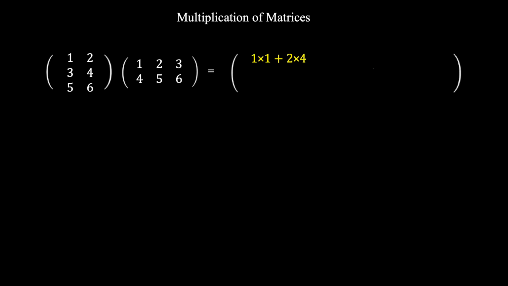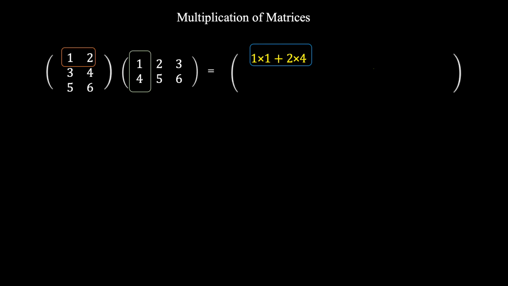To get the first row, first column entry of the result, firstly, we need to calculate the result of multiplying the first row, first column entry of the 3 by 2 matrix and the first column, first row entry of the 2 by 3 matrix, as well as the result of multiplying the first row, second column entry of the 3 by 2 matrix and the first column, second row entry of the 2 by 3 matrix. Then we add the two results together to get the first row, first column entry of the result matrix.